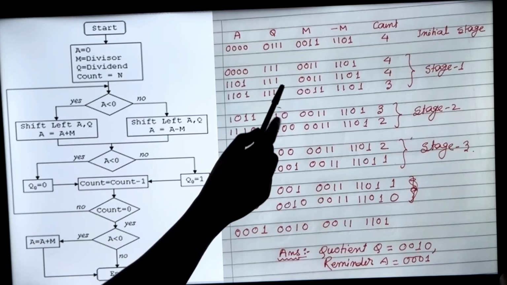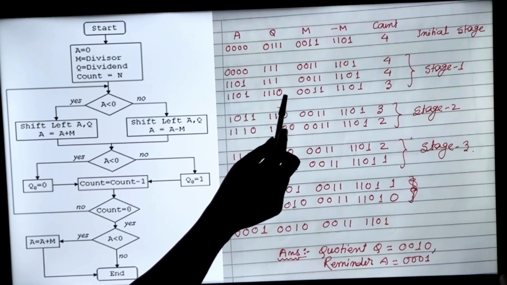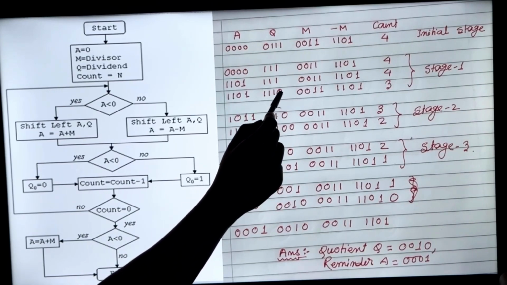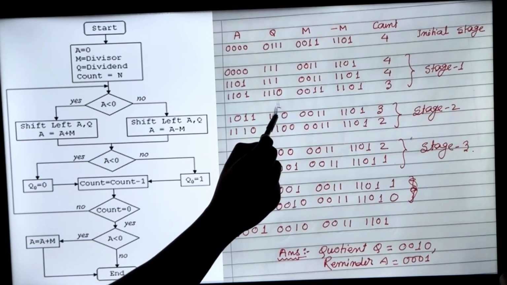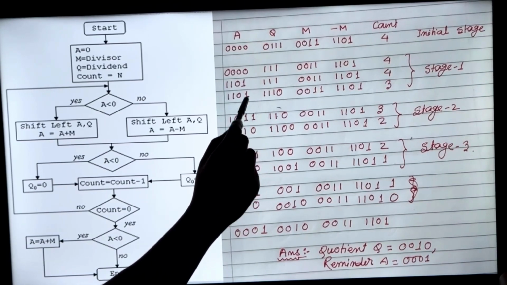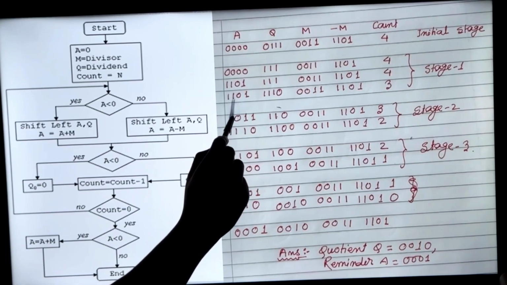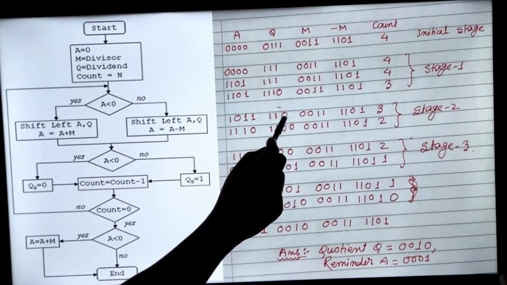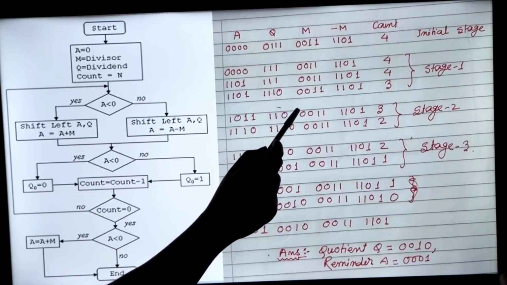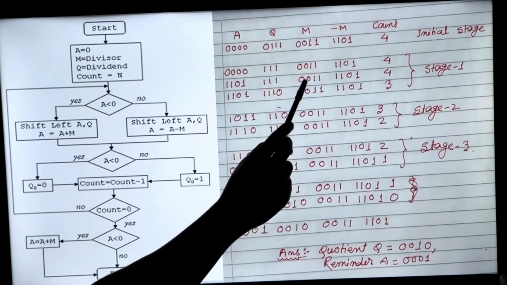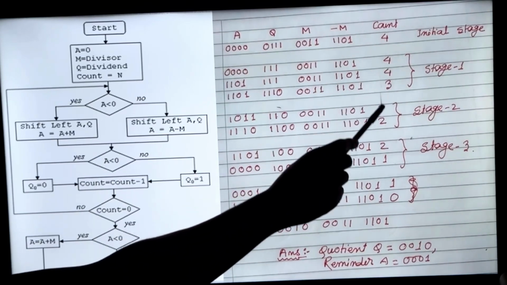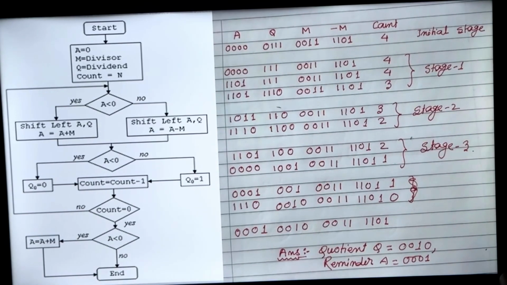This is my Q. So after shifting I will have the bits moved left, and I have one empty space here. I have only 3 bits, right? Keep it as it is. Whatever value I have in M, minus M, and count I have as it is.